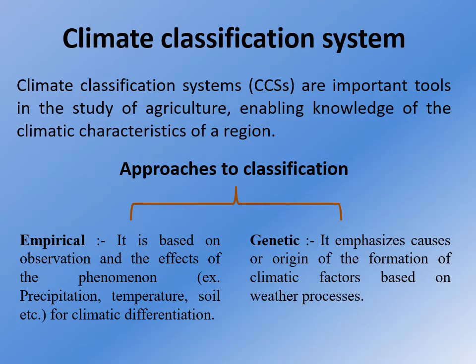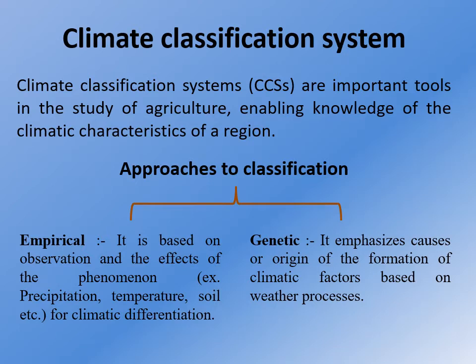Now, if we try to classify the climate pattern of the world on the basis of certain components, certain parameters, if we try to group the different places of Earth into some common groups, the major problem we find is that the climatic condition is not fixed, and there are many elements.